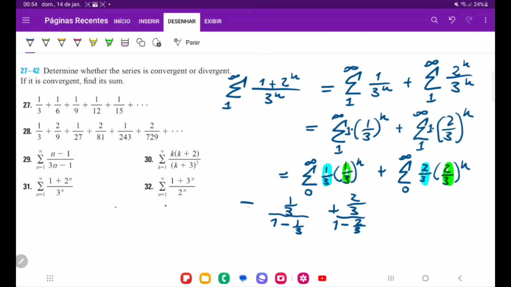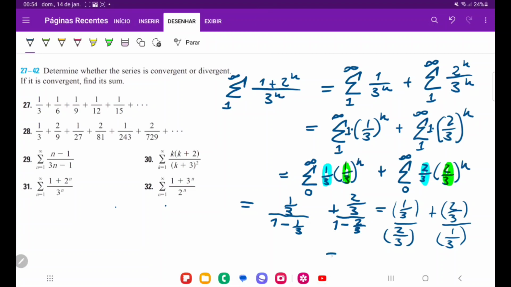So this is the same thing as 1/3 over 1 minus 1/3. So that's 1/3 over 2/3. And then plus 2/3 all over 1 minus 2/3, which is 1/3.